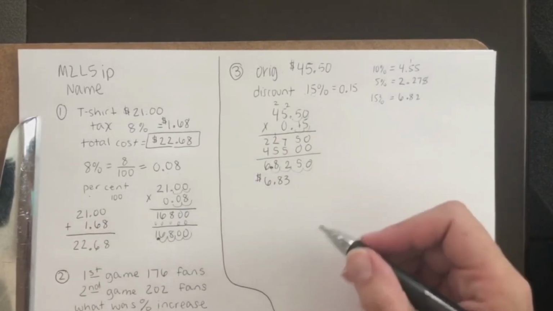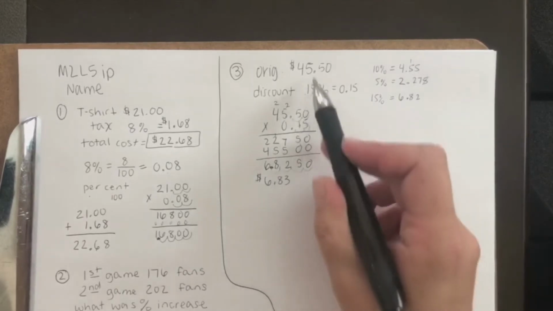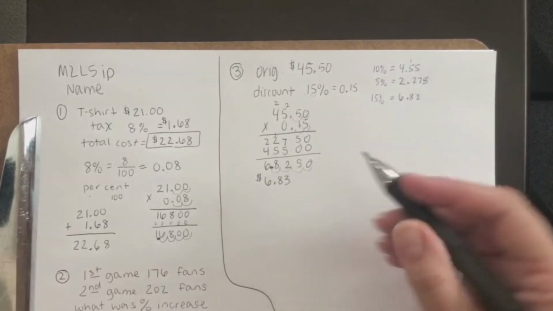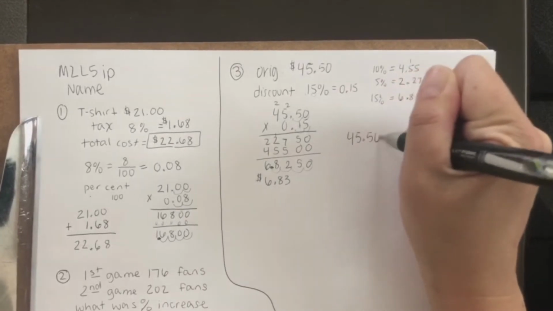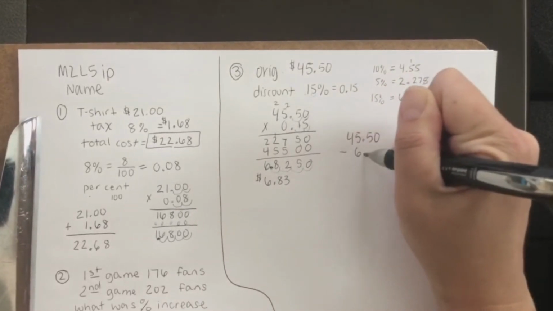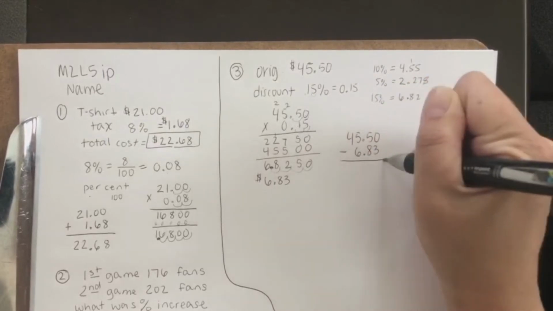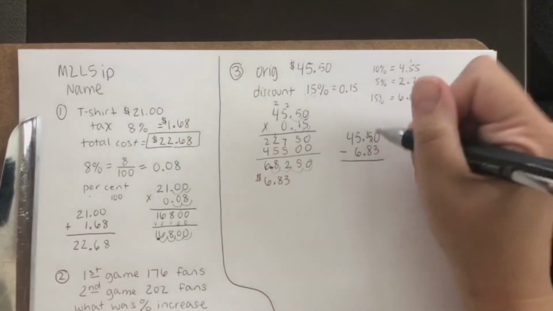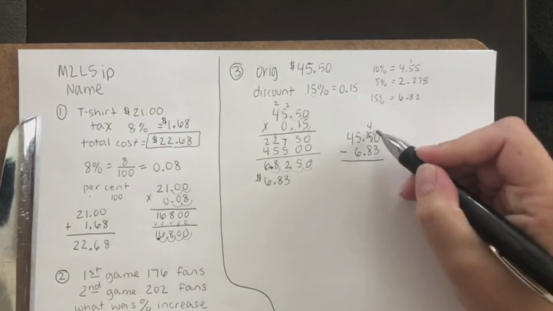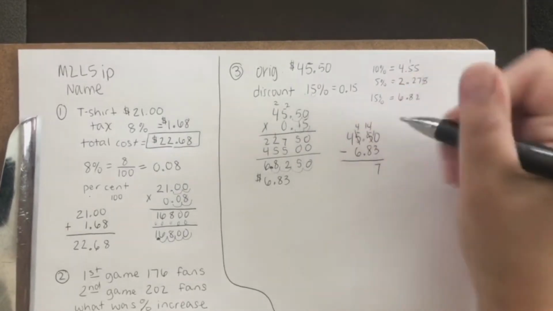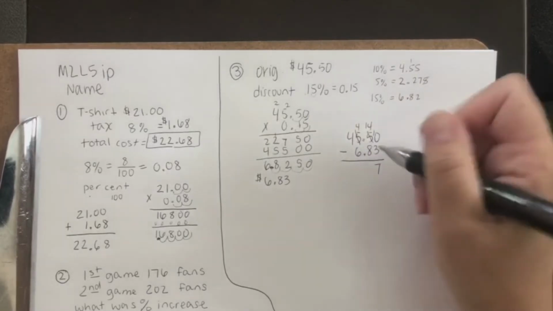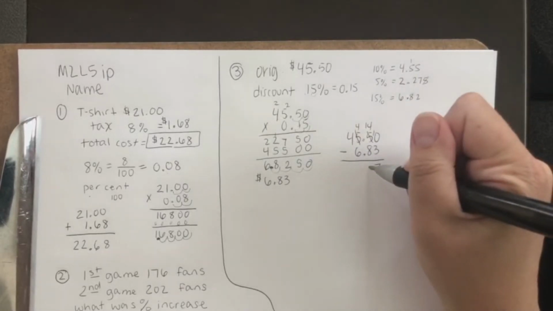So now we still need to do more math. We need to find out what the new price is going to be. So 45.50 minus 6.83. We're going to have to borrow. 10 minus 3 is 7. We'll need to borrow again. 14 minus 8 is 6.